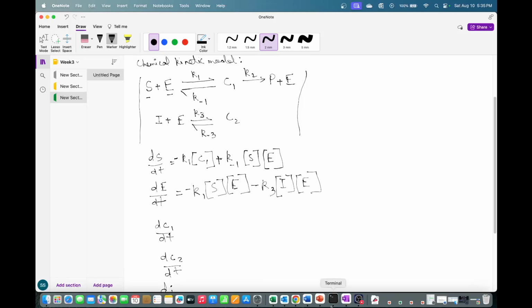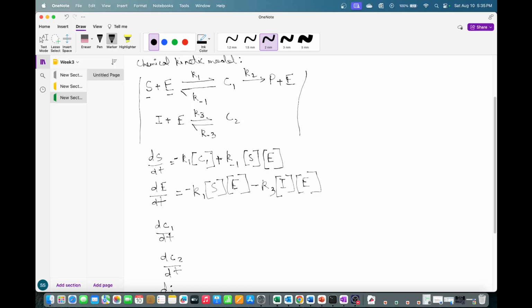But for C1, you didn't mention it in the second one, right? No, in the case of this one, instead of C1 you can use S and E. I just put C1 because later, when we are trying to do steady state and everything, what we'll do is put dC1/dt and dC2/dt as 0, because those will be considered as steady state.